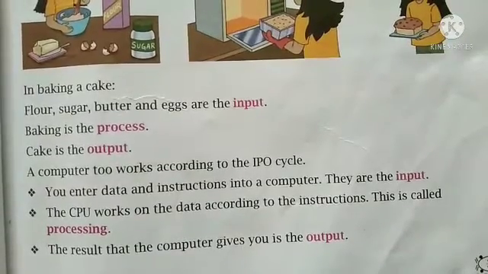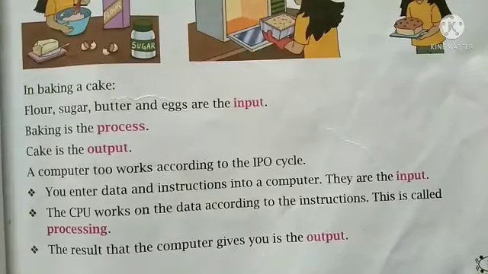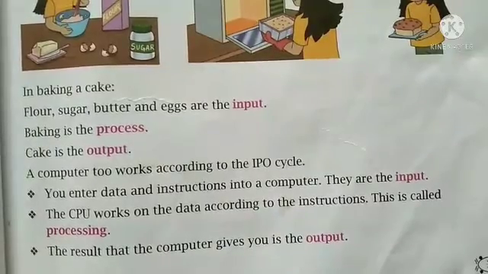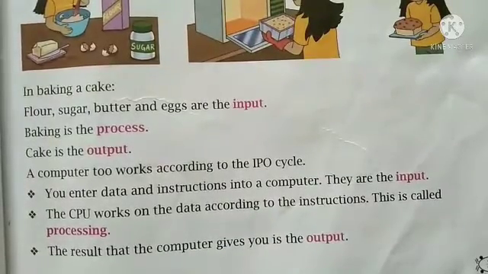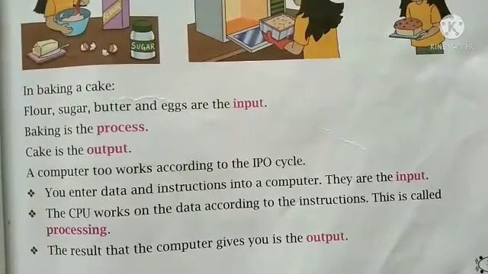So it will work on the data according to the instruction that we gave it. This is known as processing. So the CPU will work on data according to the instruction. And the result that we will get when we add 20 and 30 will be 50. So 50 will be the result.